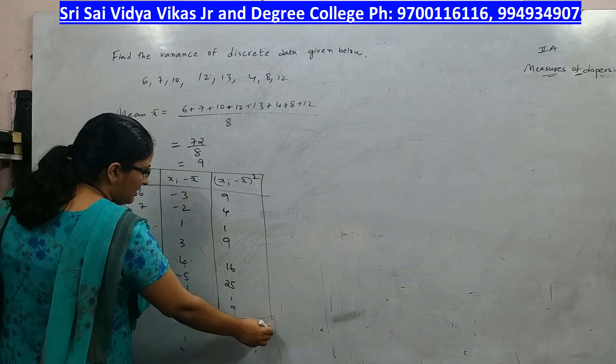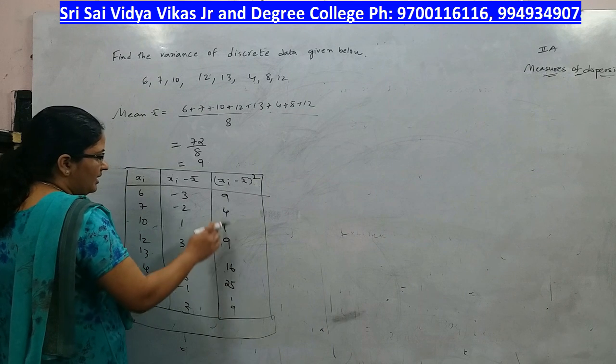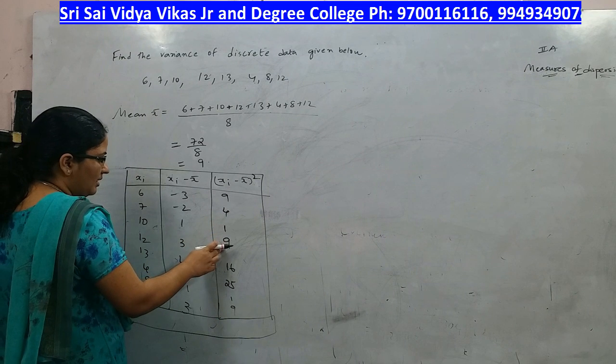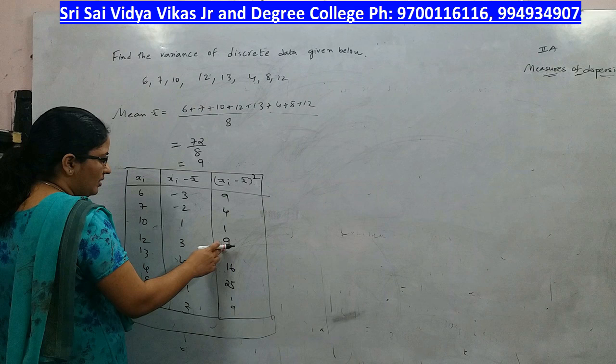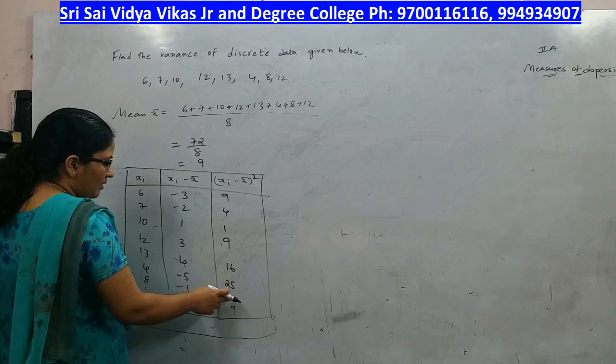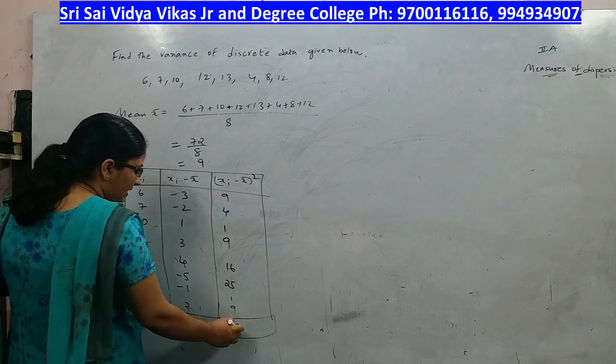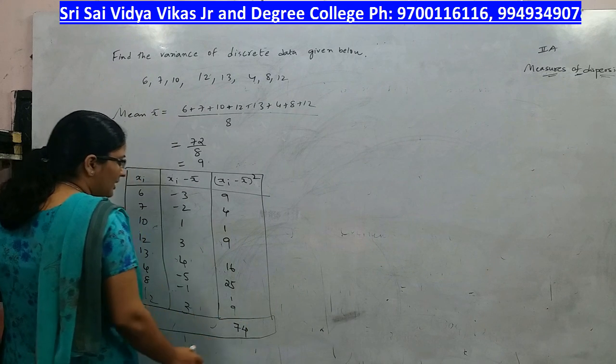If you add this, let us check how much we get. 13, 14, 14 plus 9 is 23, 33, 39, 40, 49, 49 plus 25 is 74.